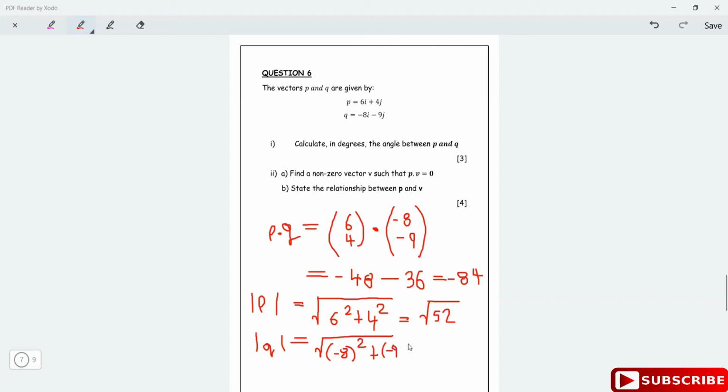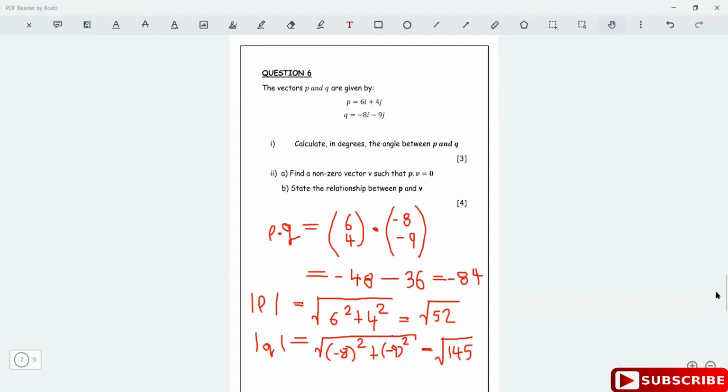Negative 8 squared is 64, plus 9 squared is 81. So when you add them, we get the square root of 145. We're good so far.